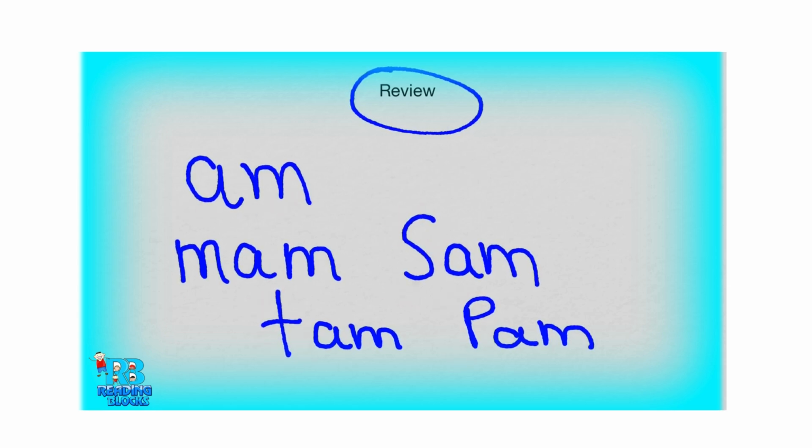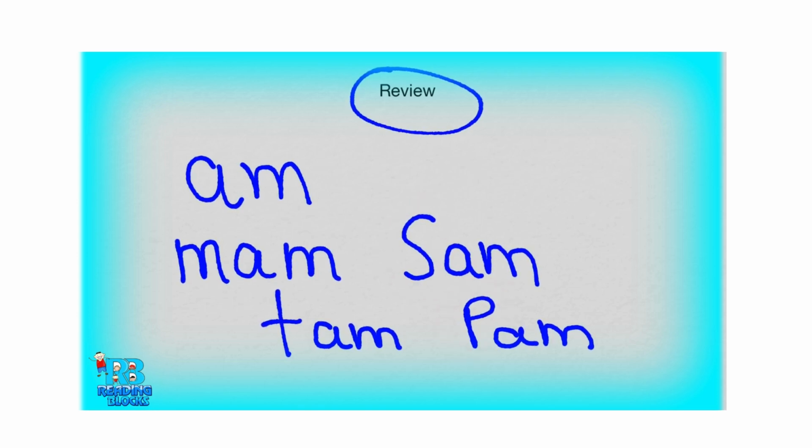Am. So first of all, we have am, ma'am. Very good, ma'am. How about am, Sam? Very good. Am, Tam. And am, Pam. Very good. And if you notice, these two are capital.